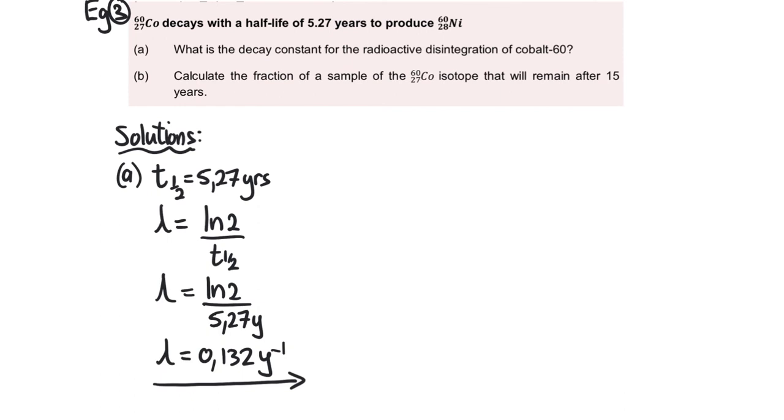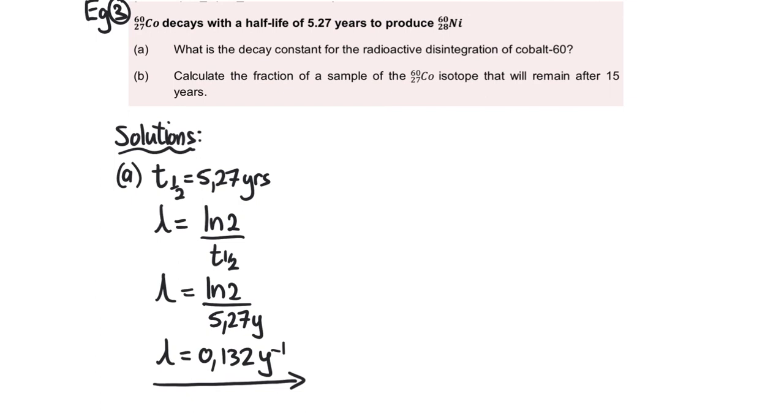So what does this actually mean? Well, it's telling us that in a period of a year, the probability of one nucleus of cobalt-60 decaying is 13.2%. So 0.132 is the same as 13.2 over 100.